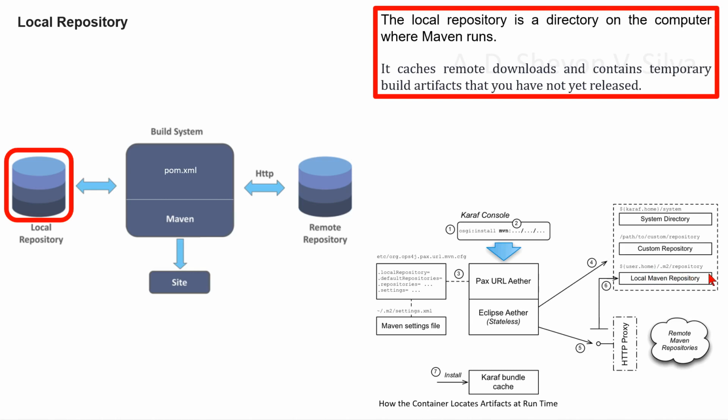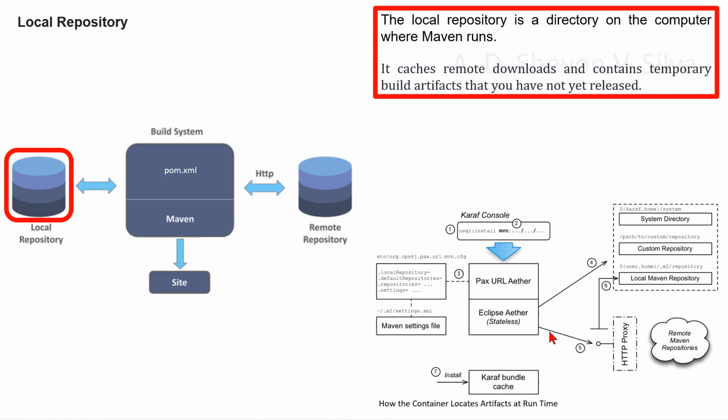If you like, you can customize the list of local repositories to add your own custom Maven repository. If the Maven artifact is found locally, you can skip straight to step 7.